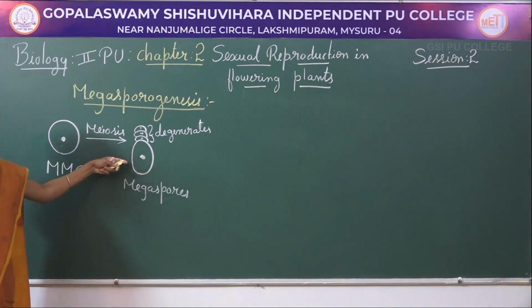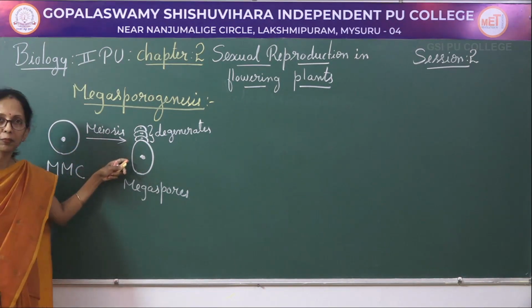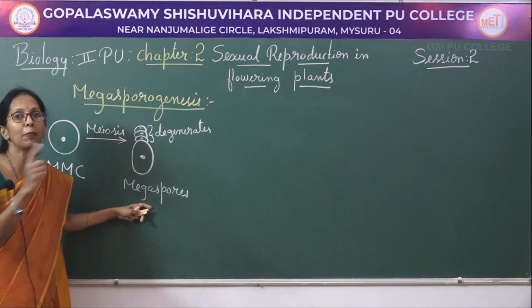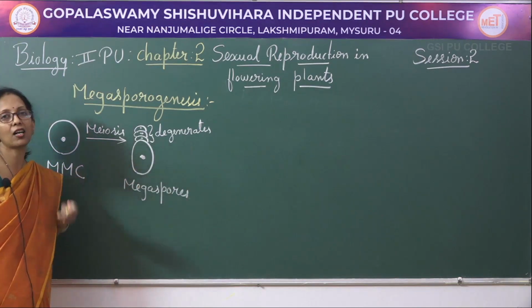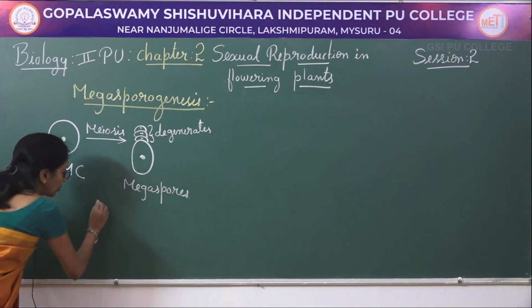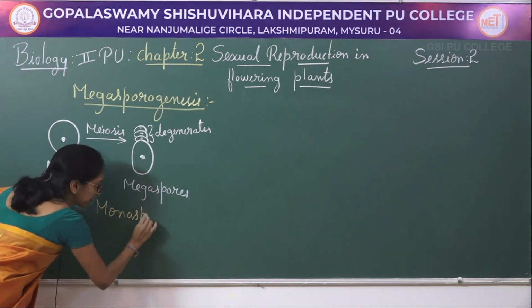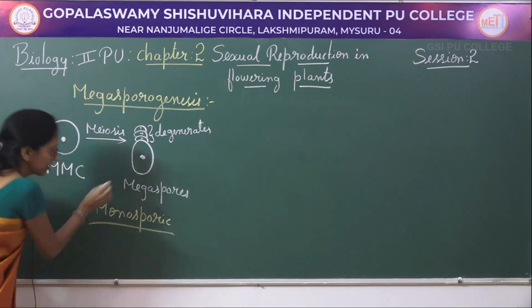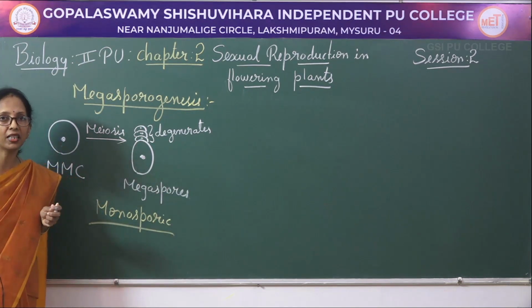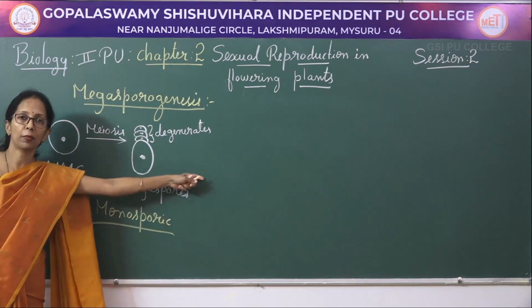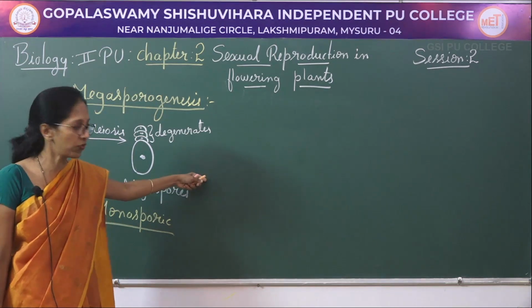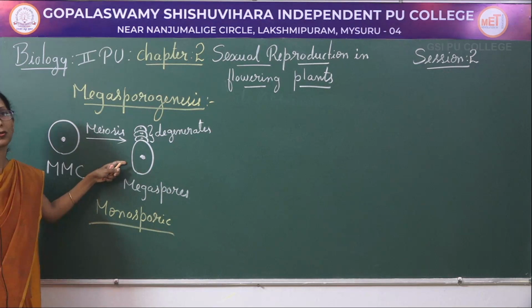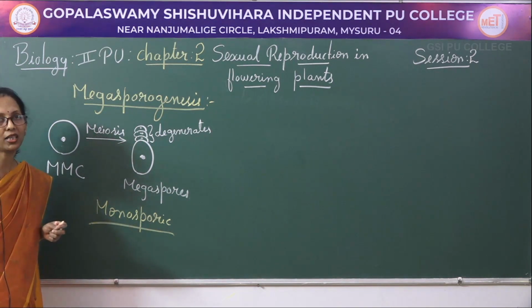This results in the formation of the embryo sac. The development of the embryo sac from a single megaspore is said to be monosporic development. So what is meant by monosporic development? It is nothing but the formation of the embryo sac or female gametophyte from a single megaspore.